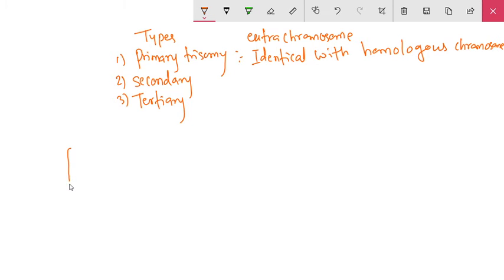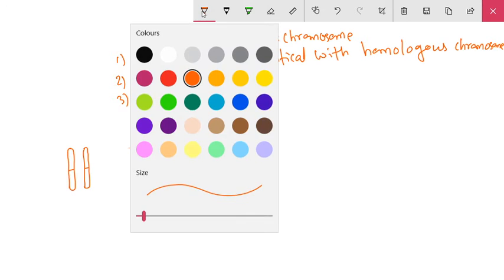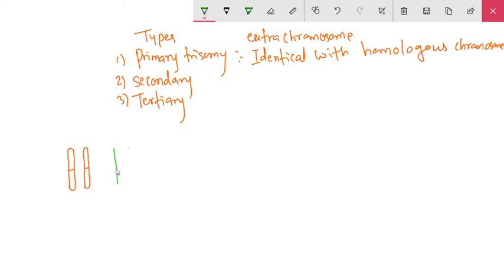Suppose there are two chromosomes here. Okay, it is the one chromosome and it is the second chromosome.